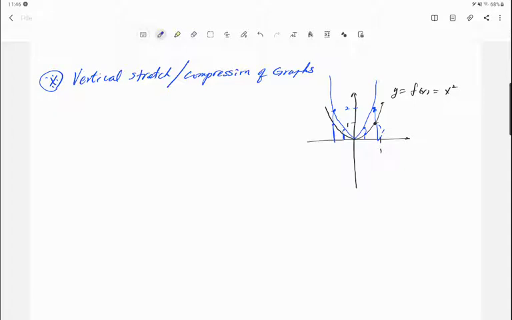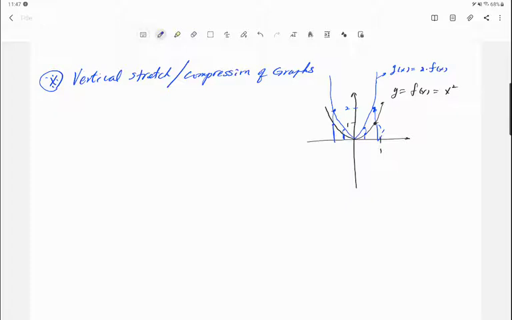Let's say this graph is g of x. Then each y value of the original function is now doubled, right? So what we do is multiply y by the factor 2. That's the formula.